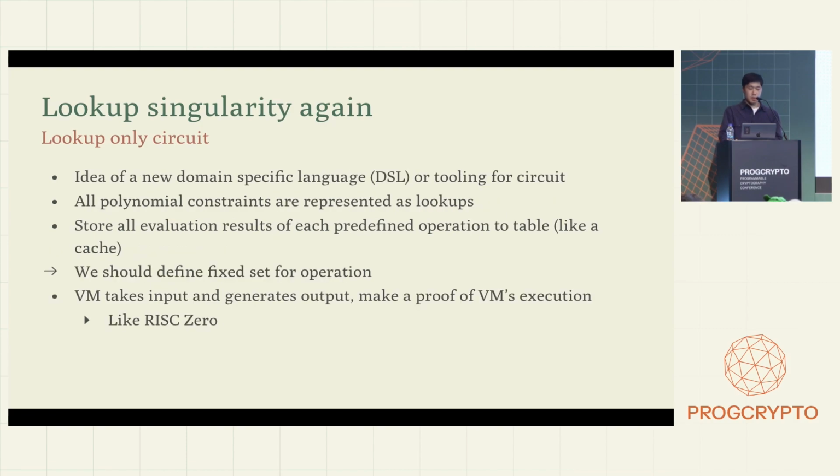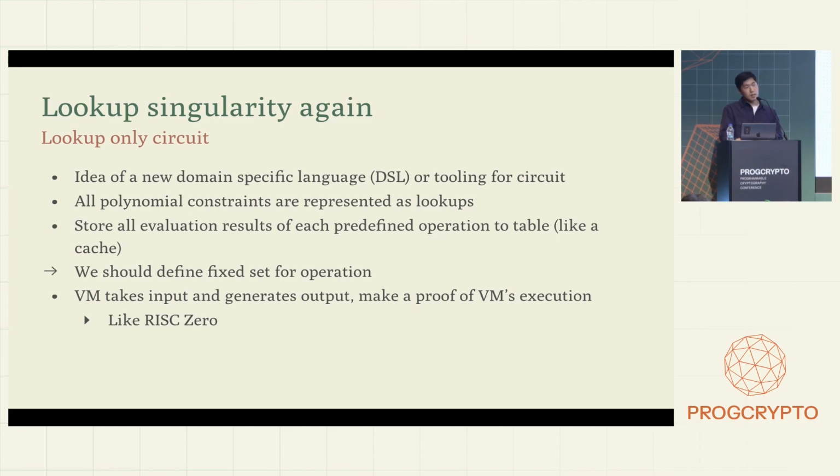So the lookup singularity idea is kind of making a new domain-specific language or tooling for circuits. All polynomial constraints are represented as lookups, and we can store all evaluation results of each predefined operation in a table like a cache. Then we can get the value from that table. But in this sense, we should define a fixed set of operations before proving or execution.